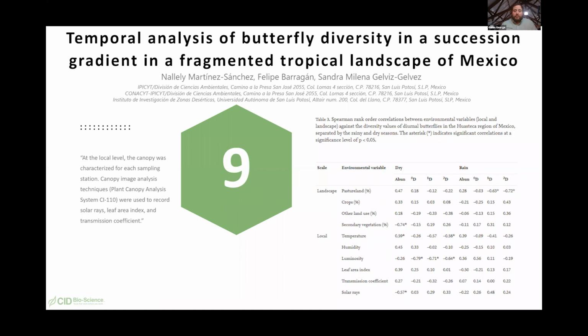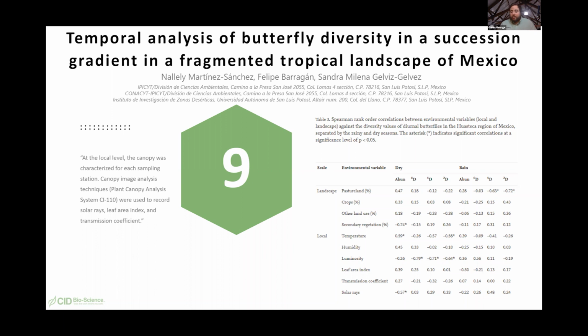This landscape is a secondary succession landscape, and they were looking across different dry and wet seasons and across variables such as leaf area index and photosynthetically active radiation, to see which variables are influencing the biodiversity of these butterflies in this particular type of landscape.